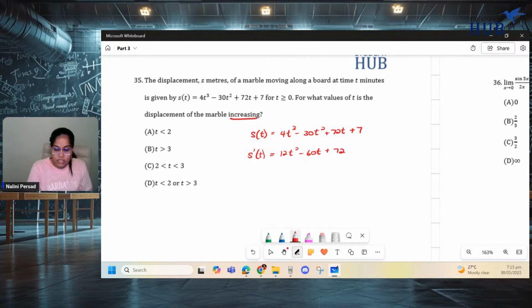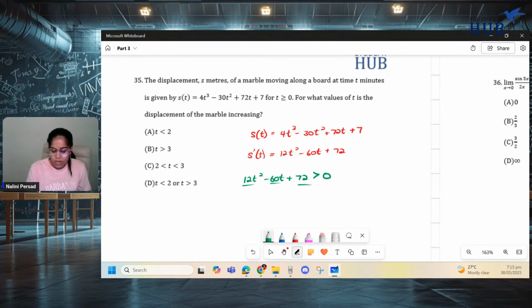And we want for which it is increasing, meaning the gradient is positive. And when you differentiate, let's say this is dy dx, for which is increasing, the gradient dy dx is positive, meaning greater than 0. So 12t squared minus 60t plus 72, positive means greater than 0.